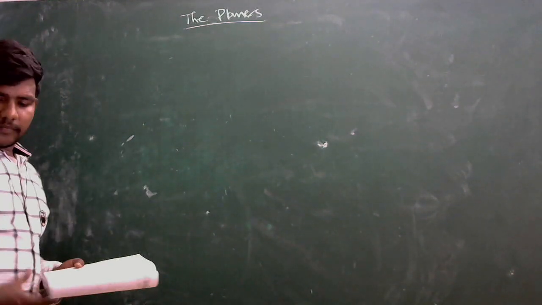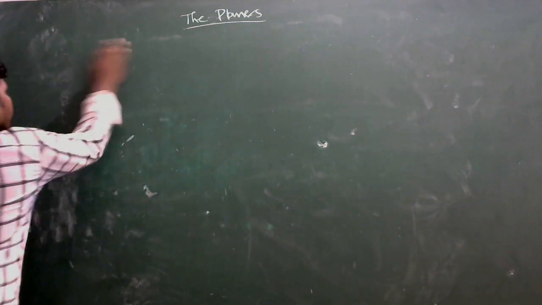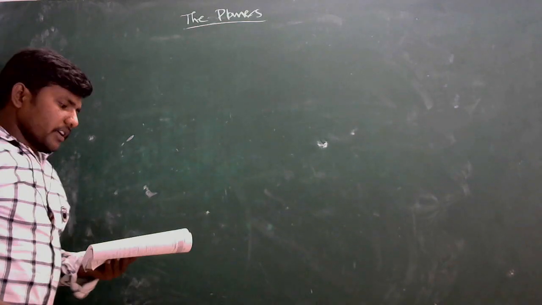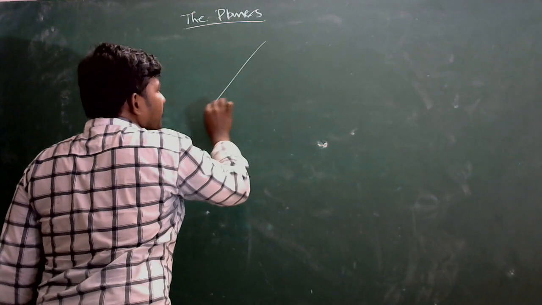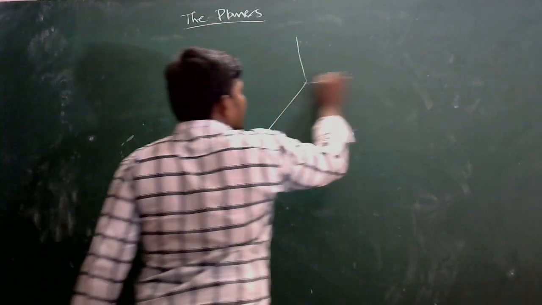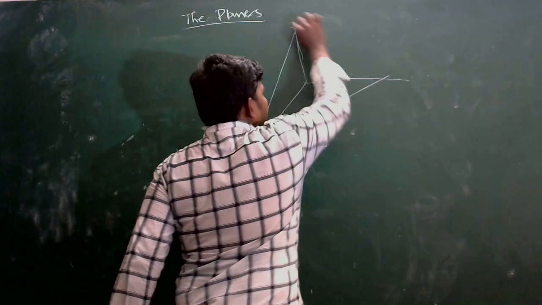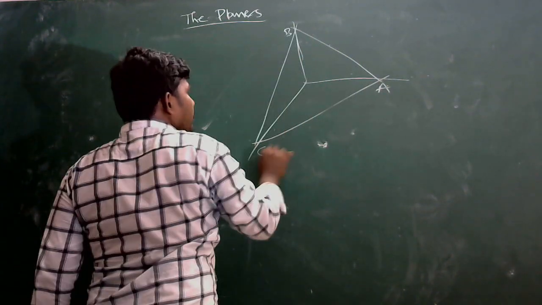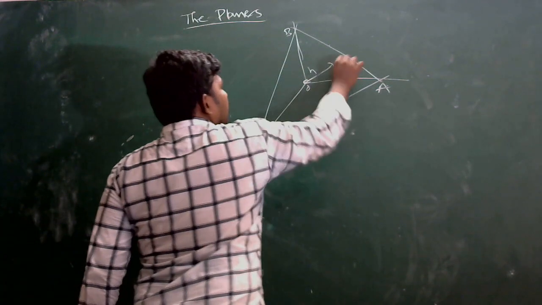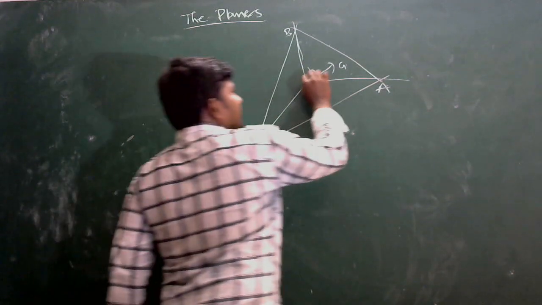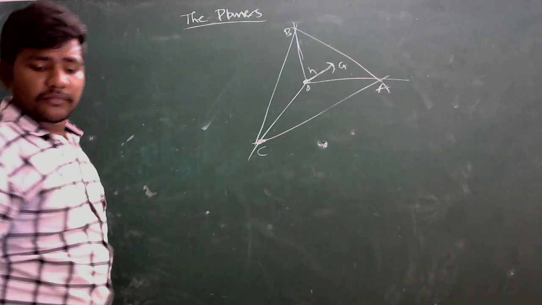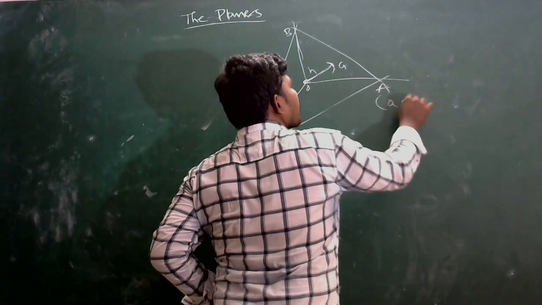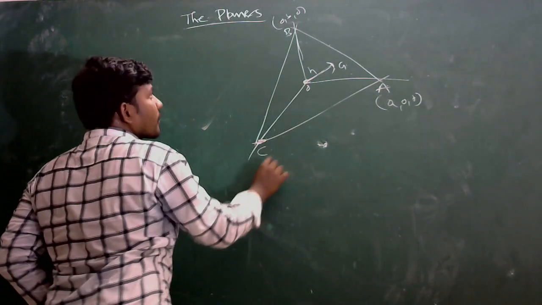First of all, they gave that the plane meets the coordinate axes at A, B, C, and also h is the distance from the origin. So the points are (a, 0, 0), (0, b, 0), (0, 0, c).